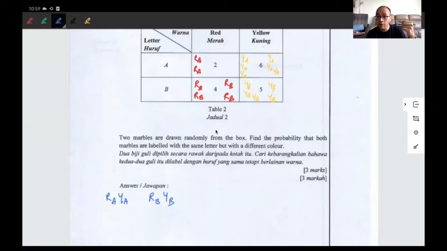So we have to consider the possibility that there is a yellow A and then red A, because the probability for this is different. Even though it is the same, the order plays a role. And then yellow B and red B. Okay, so it's pretty long, but cannot be helped.